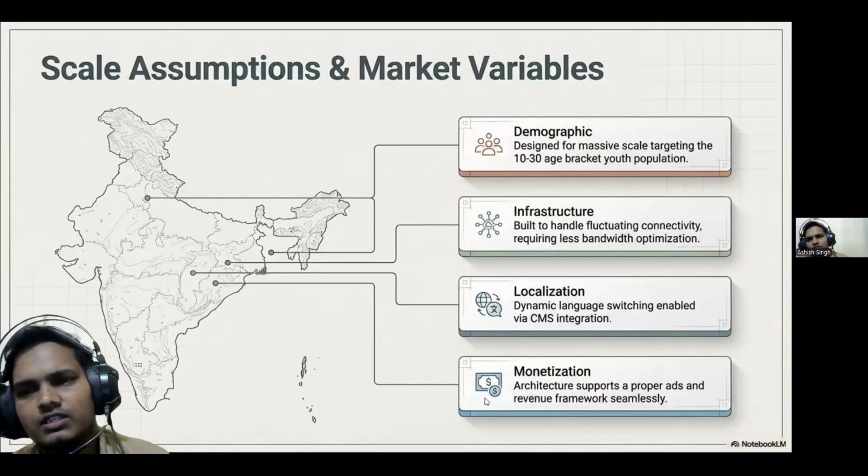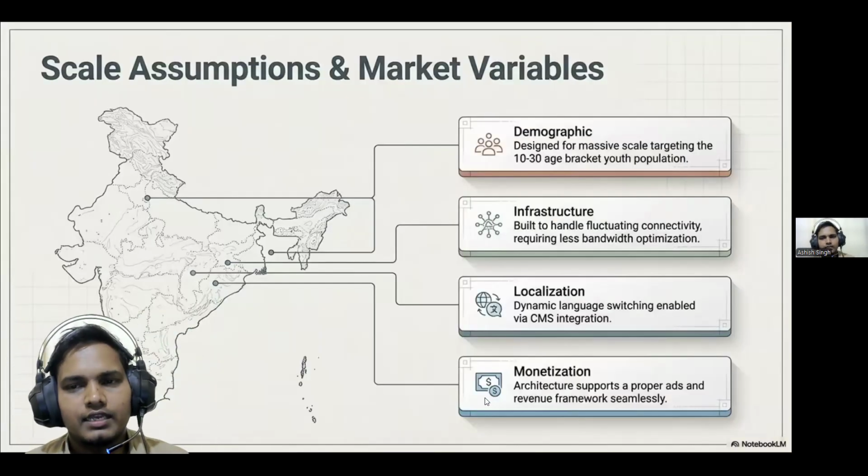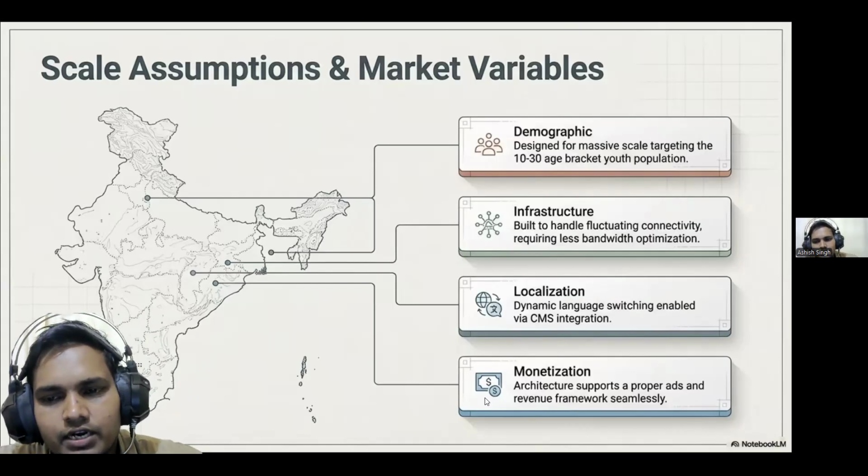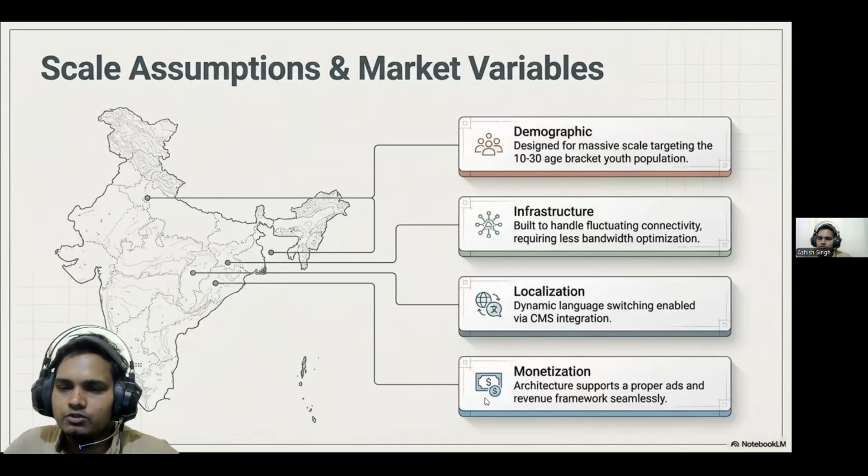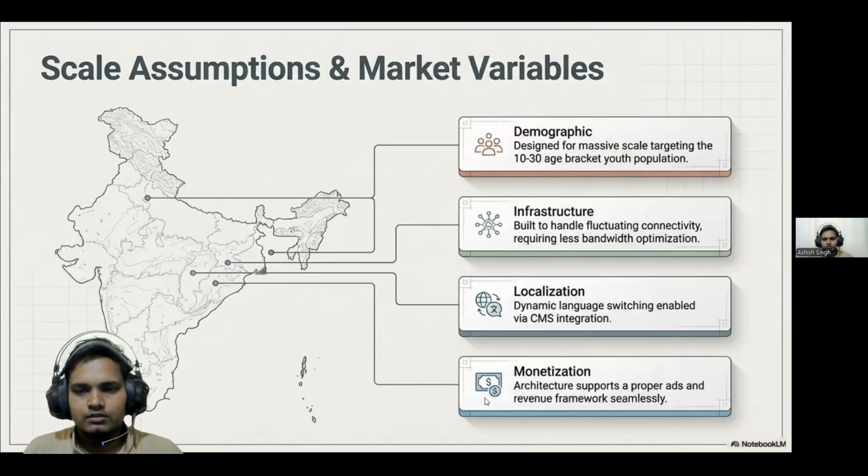For the scale assumptions and market variables, I have mostly designed for the 10 to 13 age group for the learner, and for the other two there is no age bracket. We need infrastructure that is already available in India.